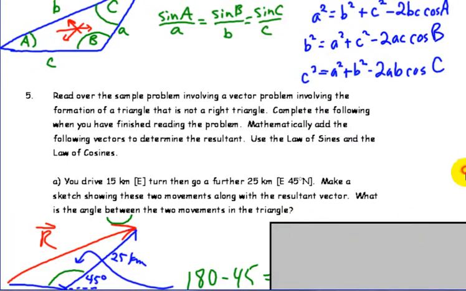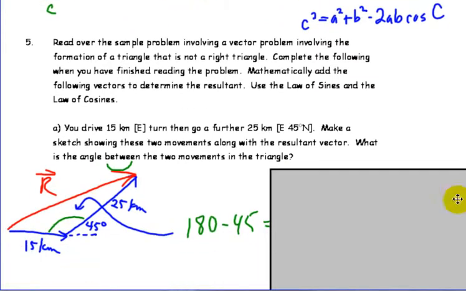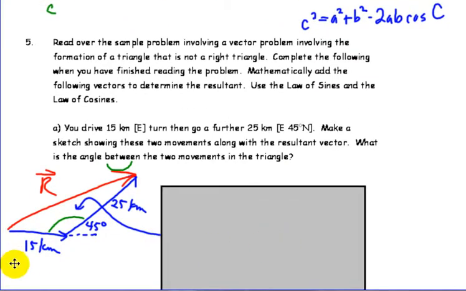So if we take a look here, we have our two movements. I use this as my starting point. So 15 east, then you go from there, you draw your next vector, and if you look at the angle from straight east, we go 45 degrees north, and that's where we finish.